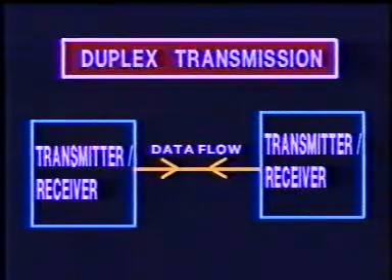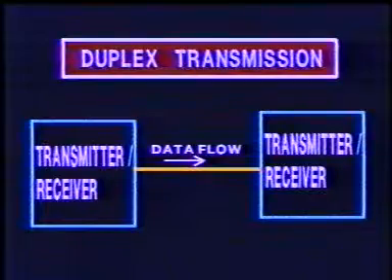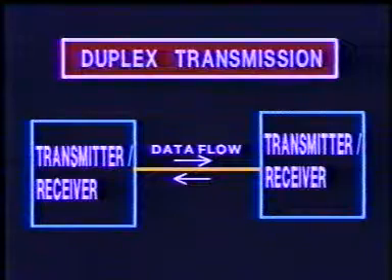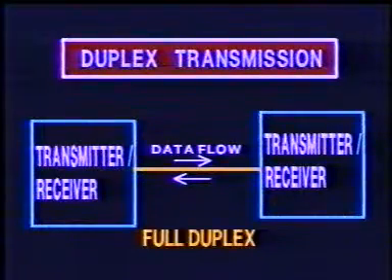However, if the transmission goes one way at a time, it is called half duplex. If data flows both ways simultaneously, then it is full duplex system. The walkie-talkie wireless communication system is an example of half duplex system. A telephone conversation between two users is an example of full duplex system.